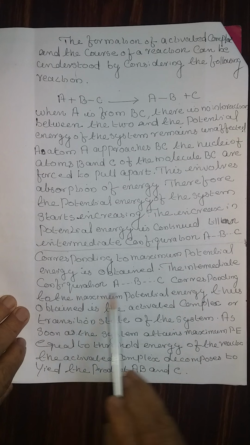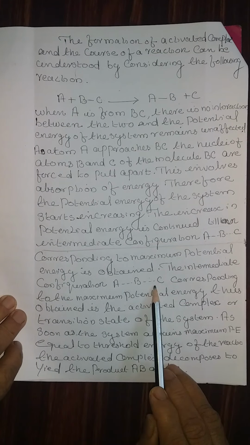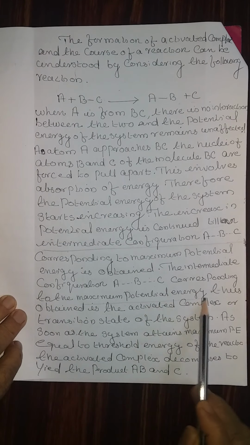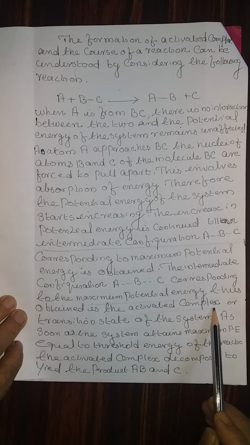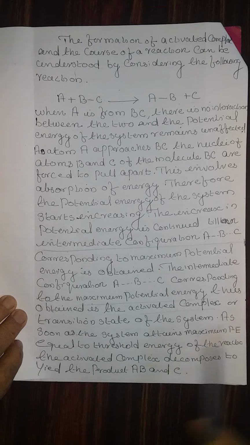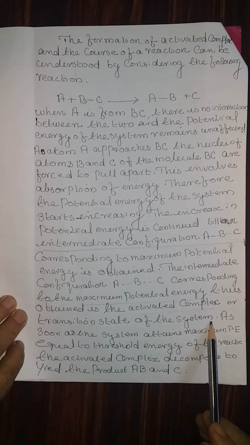The intermediate configuration ABC corresponding to the maximum potential energy thus obtained is an activated complex or transition state of the system.